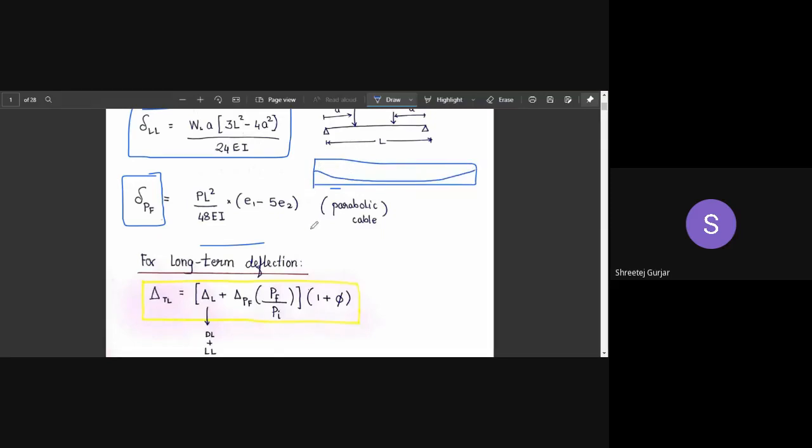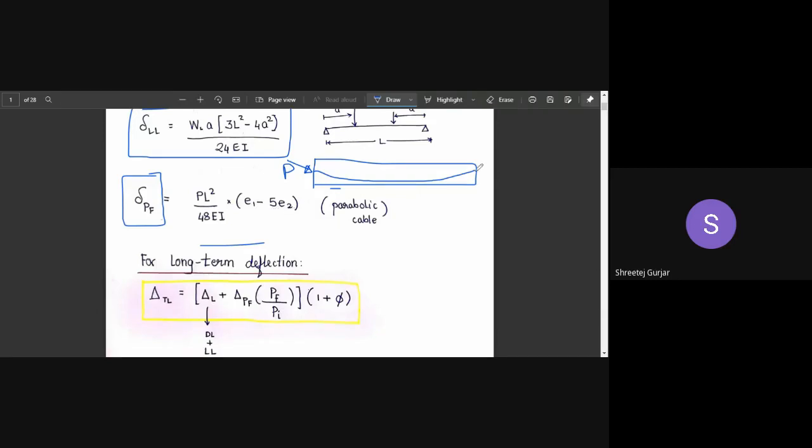Then the delta PF, the deflection caused by this pre-stressing force, will be equal to PL squared divided by 48 EI. P is nothing but your pre-stressing force. PL squared by 48 EI into (E1 minus 5 E2).